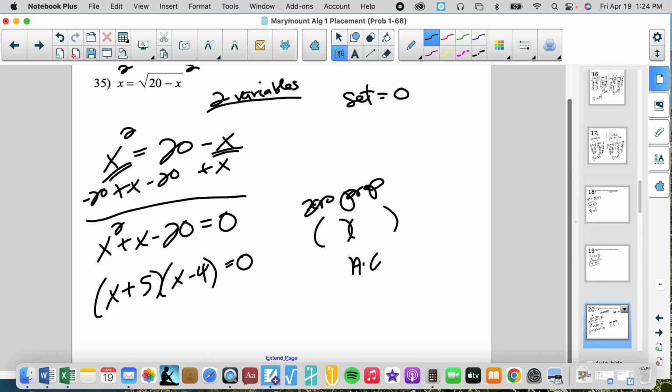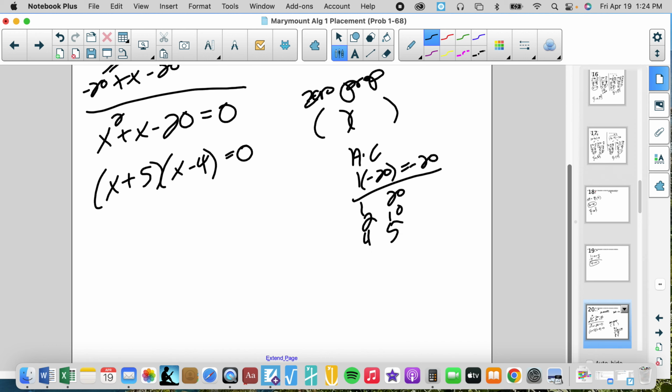I don't have to do all this stuff. I already know because I've done so many, and I can see that the signs are going to be different. The bigger is positive. And then I know the 0 property, so I know that I'm going to set each one equal to 0. I don't even have to do this part. I can just look at that and see that the answer is going to be 4 and negative 5.